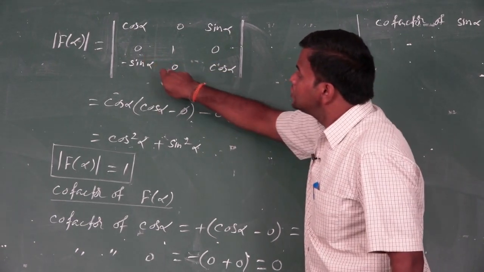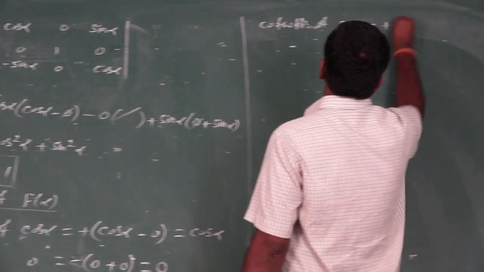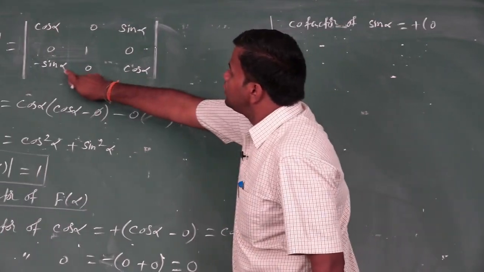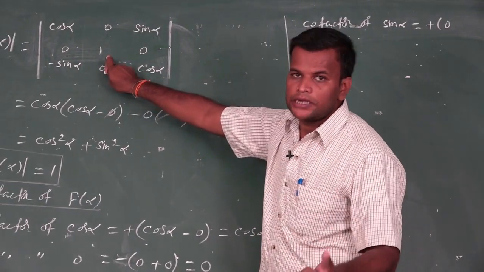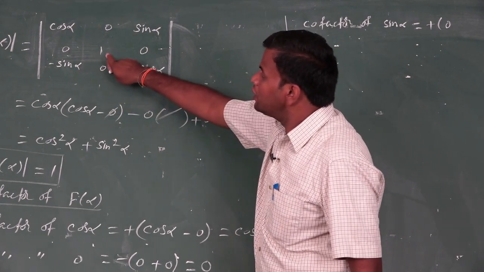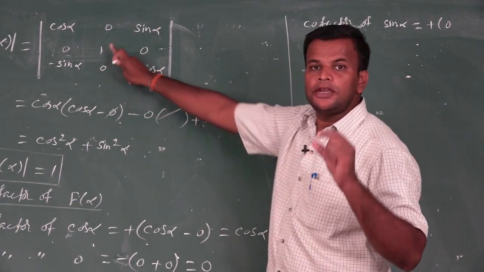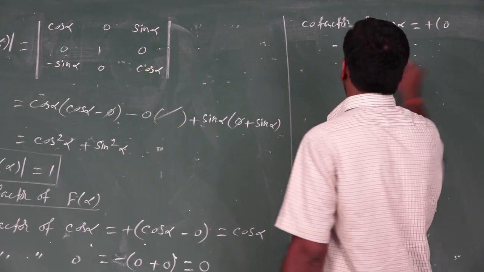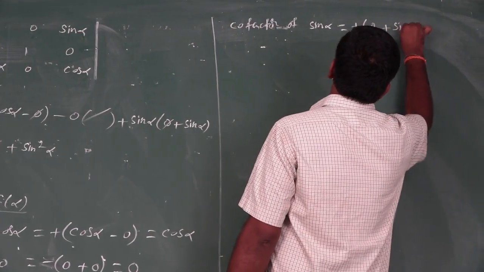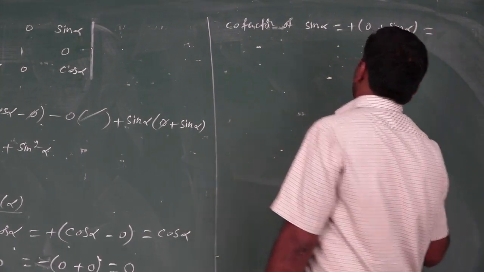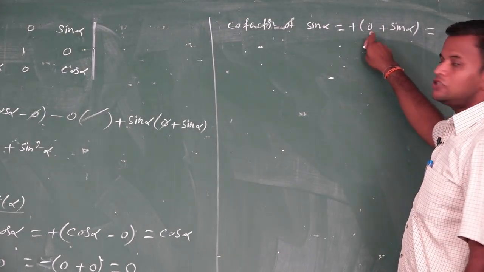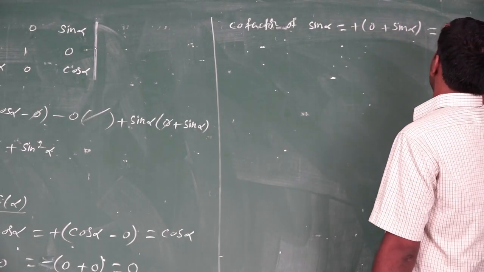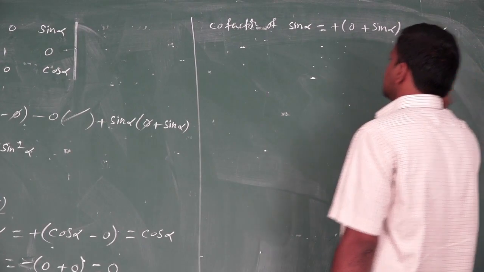So 0 into 0 is 0. We multiply these two elements with a minus sign. So minus sin alpha into 1 is minus sin alpha. We multiply one more minus, so it becomes plus sin alpha. So the final answer is 0 or a plus, so it becomes plus sin alpha.